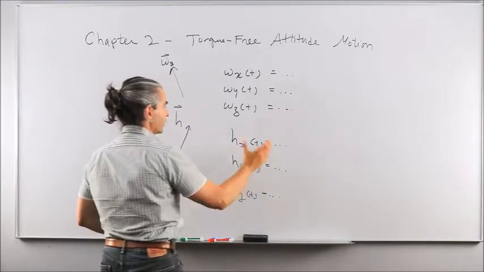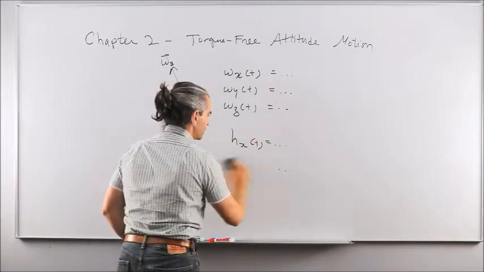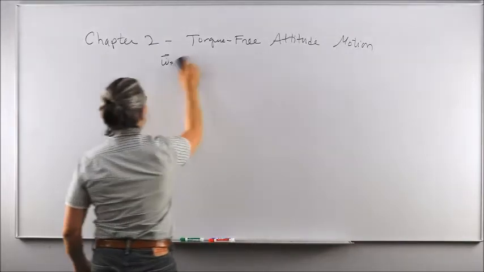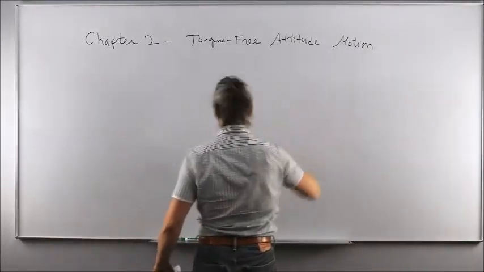Okay, but in order to do that, we need to obtain those analytical expressions for these two specific vectors, from which we're going to discuss the practical implications in terms of rotational motion. Okay?